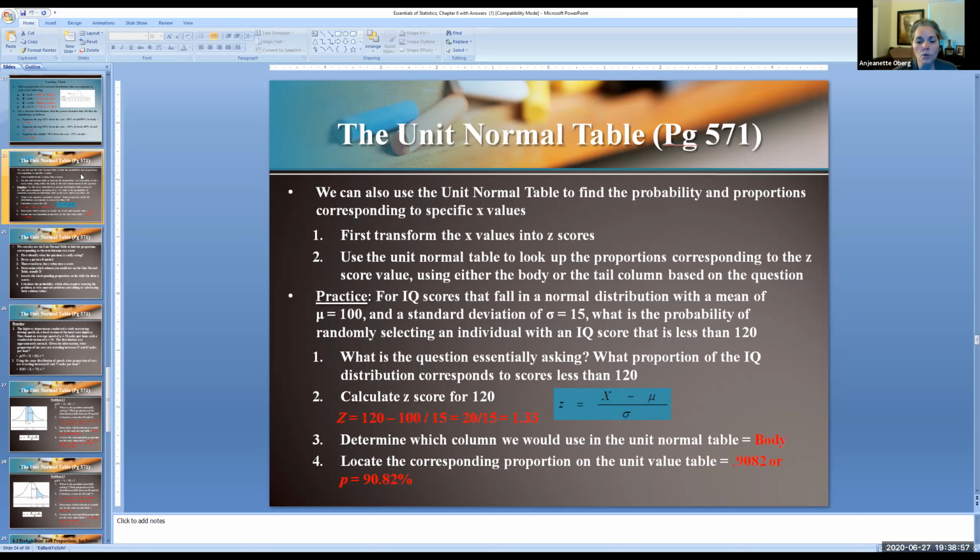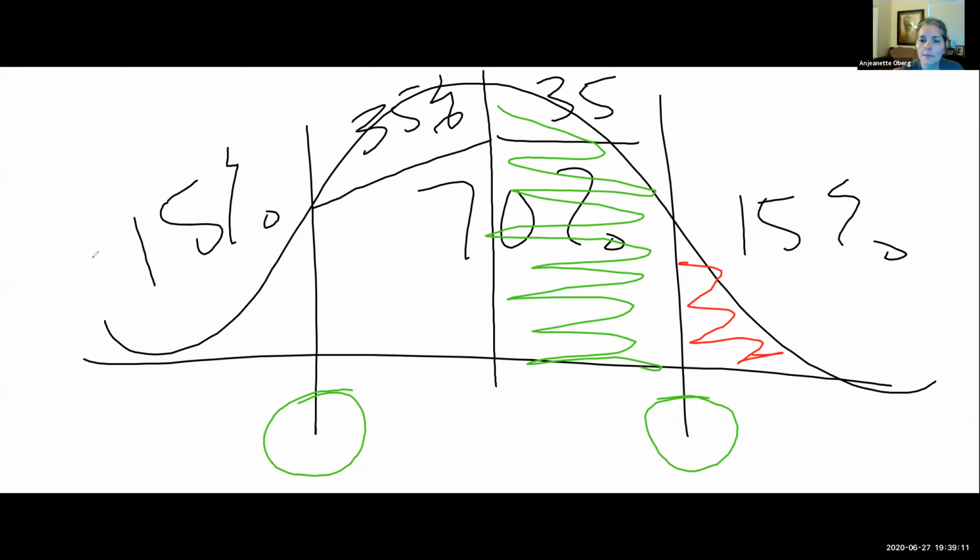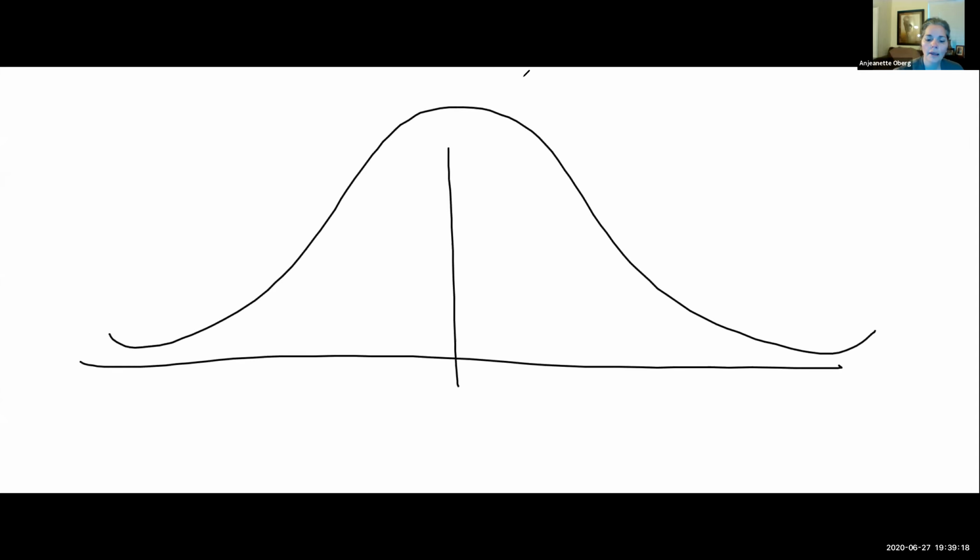So for IQ scores, looking at what's the probability of getting a 120 IQ, I'm going to go ahead and go to my whiteboard. As we've already talked about, the distribution for IQ is 100 mean with a 15 standard deviation.